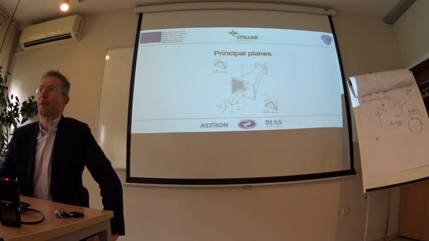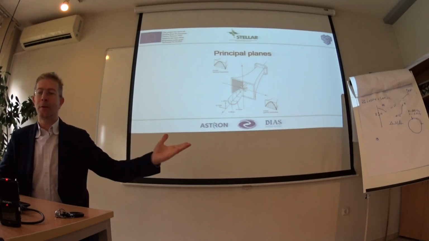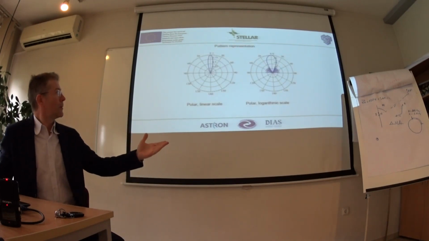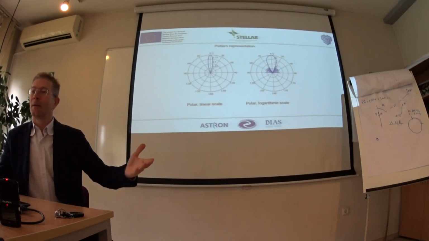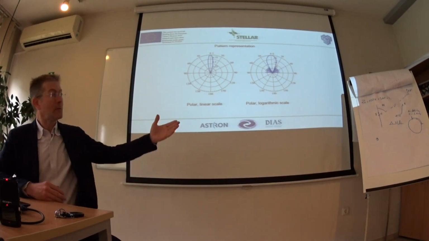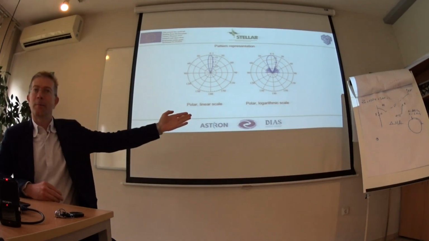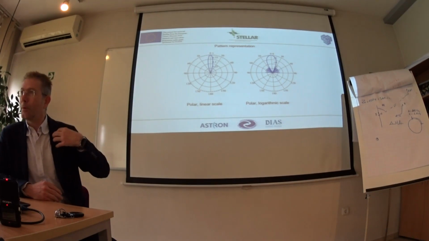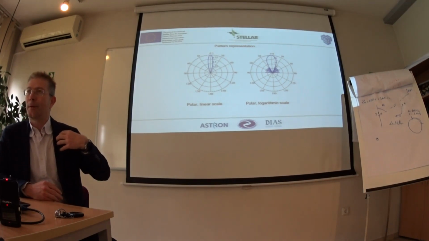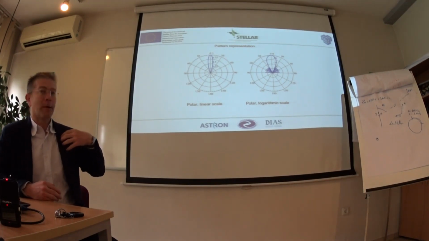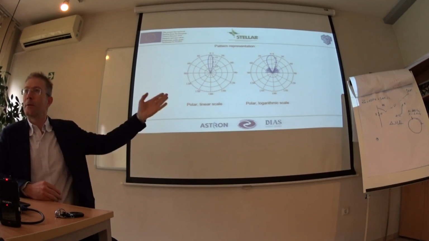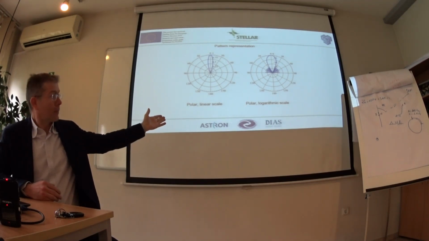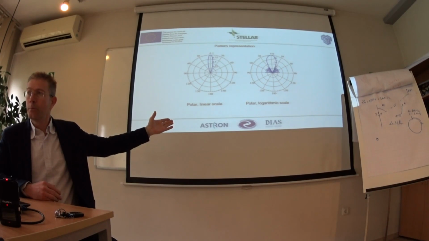And now, as we love 2D things, represent the same pattern in this manner. For human beings, the natural coordinate system is polar coordinates.